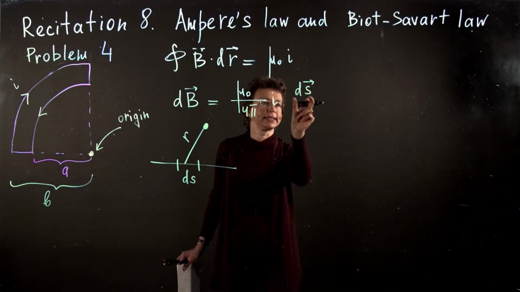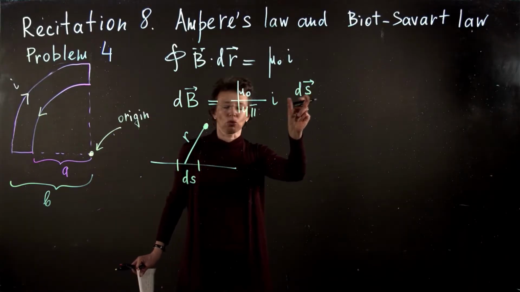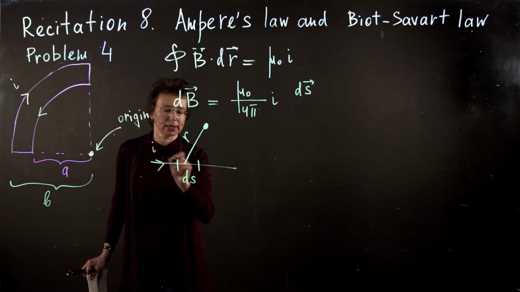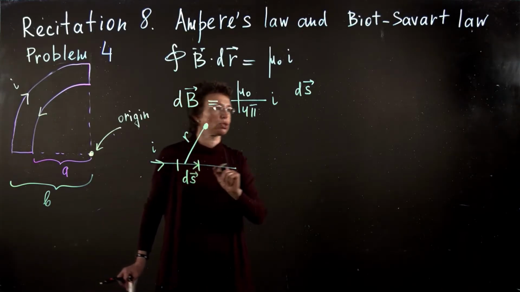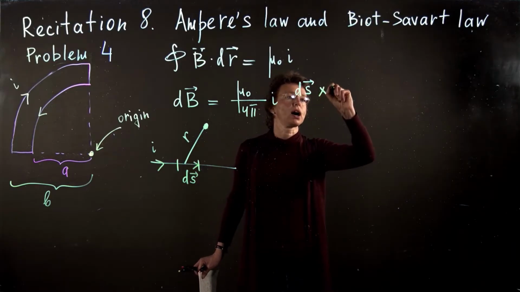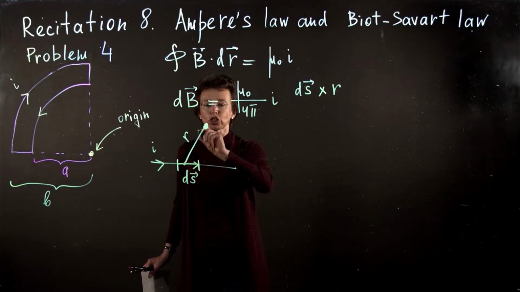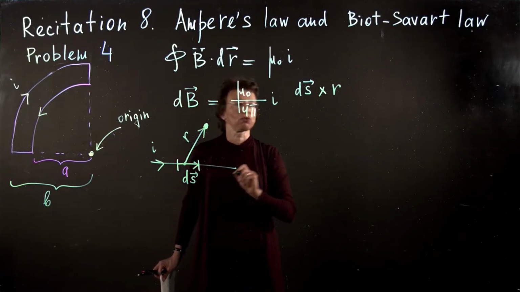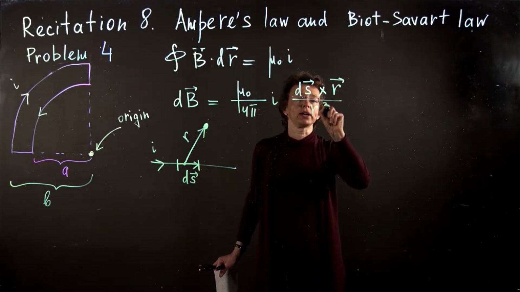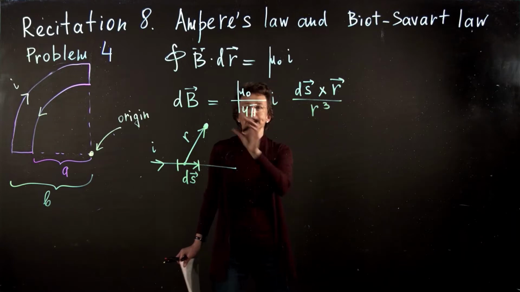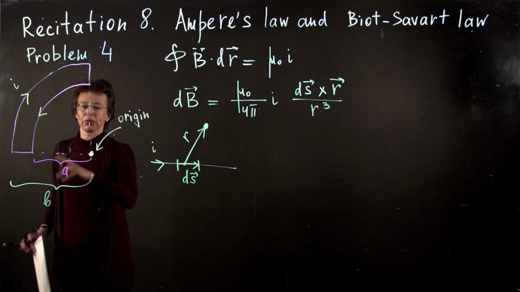What is ds? ds has length ds, and the direction of ds is the same as the direction of current. So in this case, ds is to the right. ds cross r, where r is from the piece of wire to the point where we are looking for the magnetic field, ds cross r divided by r cubed. This is the law that we will be using to find the magnetic field created by this current.